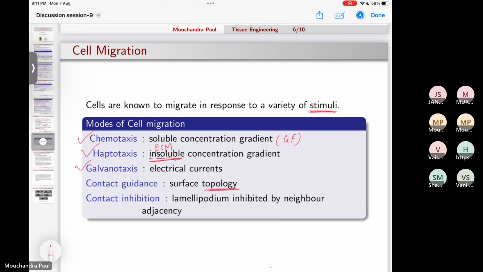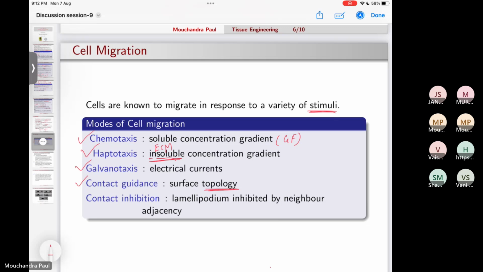This type of migration is called contact guidance. People have patterned surfaces and induced cell migration in such a way that cells move along only one line, but not along the other line. We will discuss a paper related to this later on.